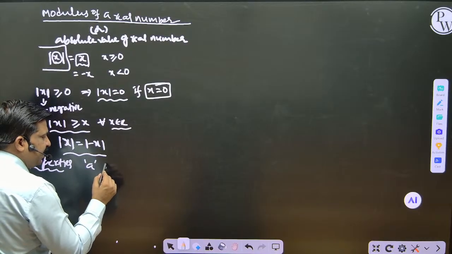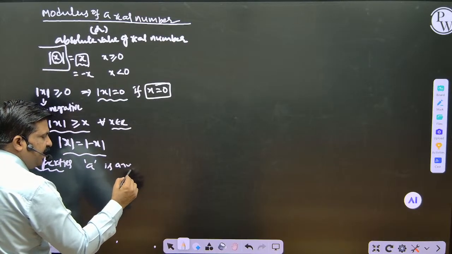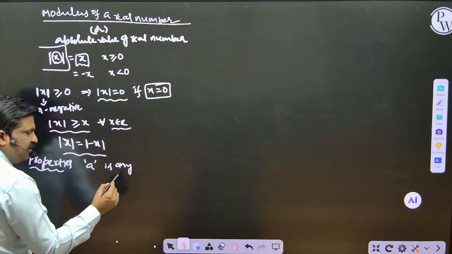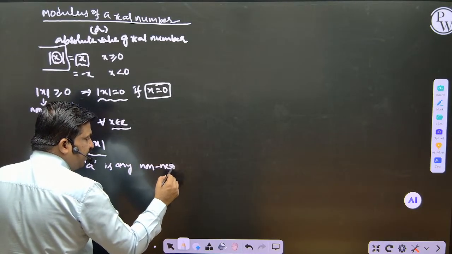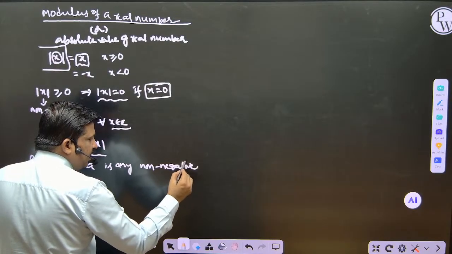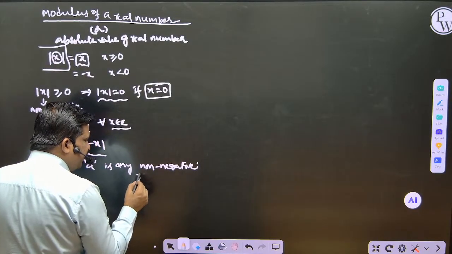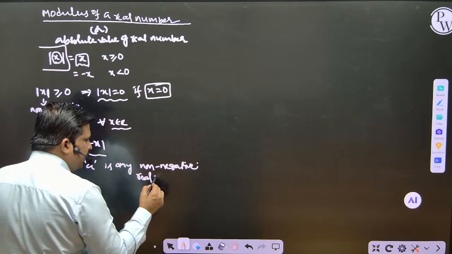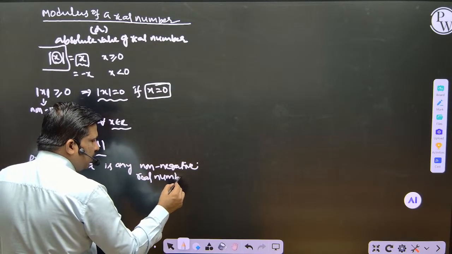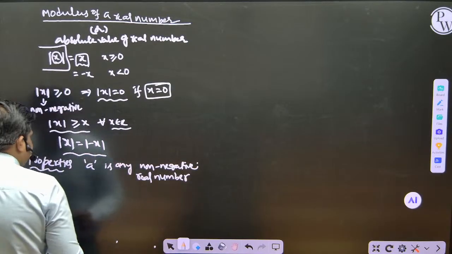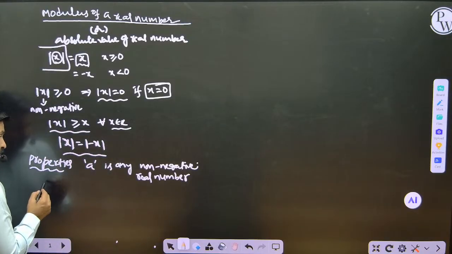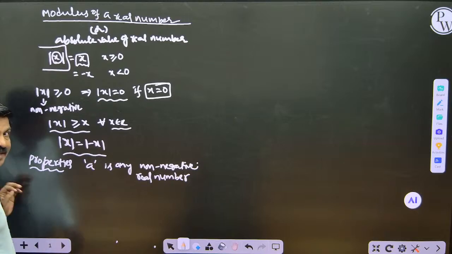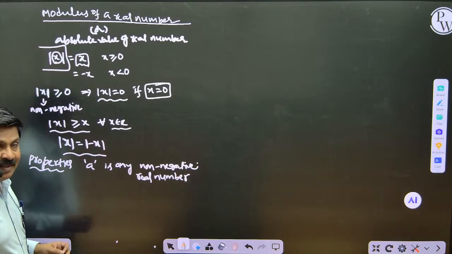Now what are the properties here? A is any non-negative real number. Why do I consider A as a non-negative real number?